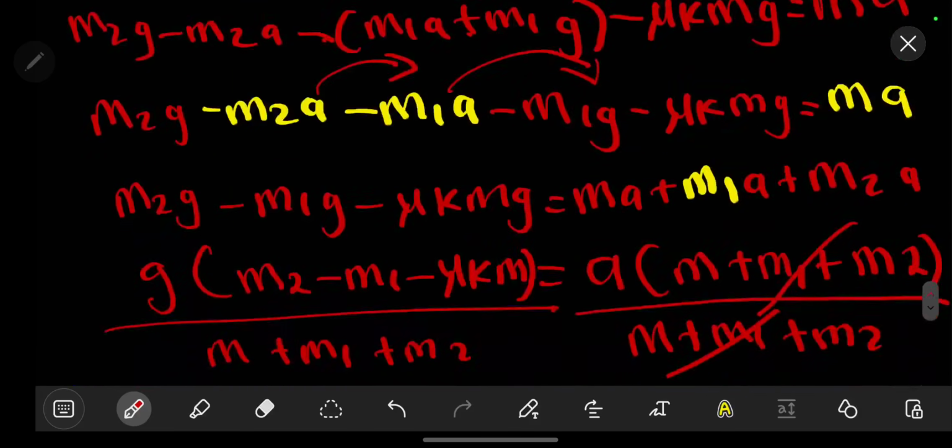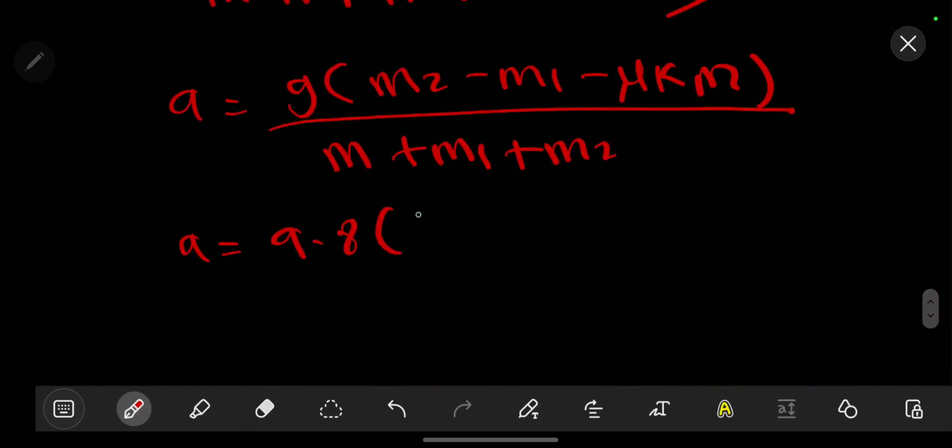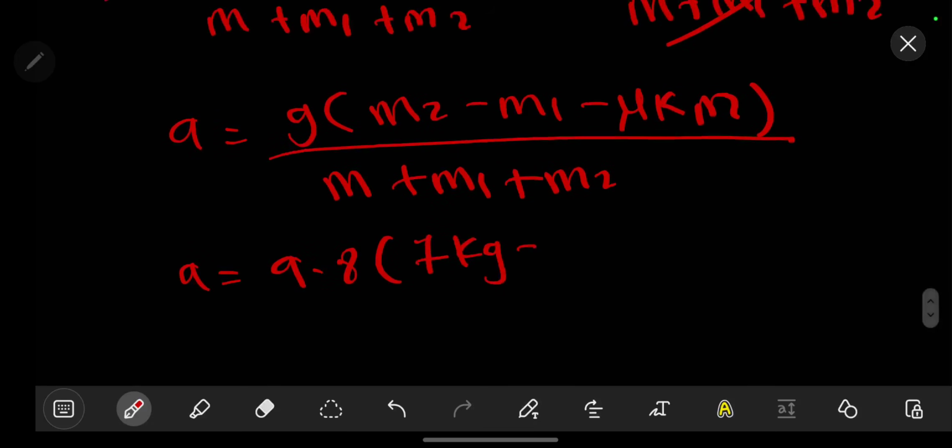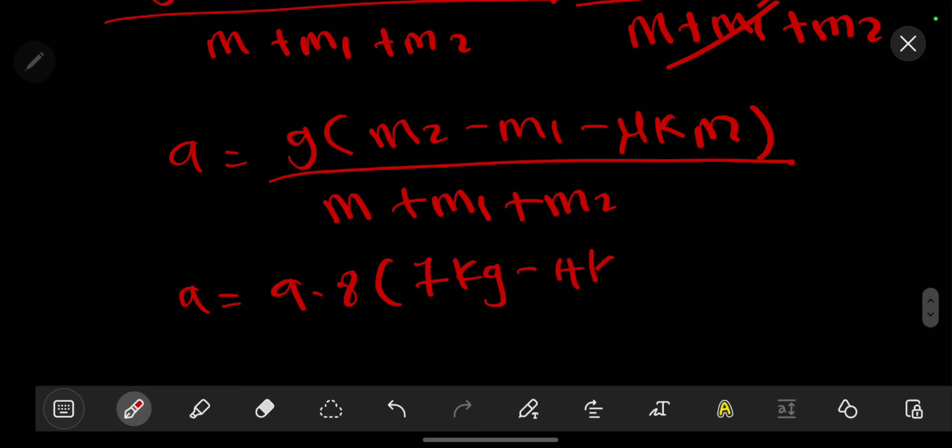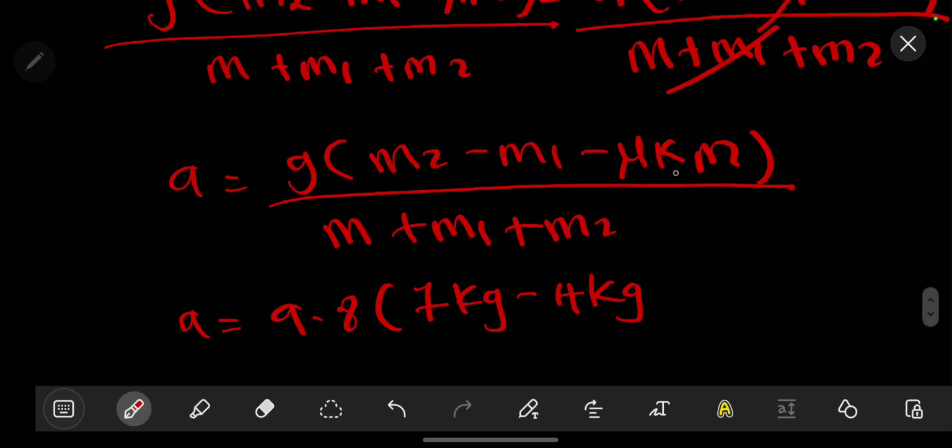So we have 7 kg minus the mass number 1, which is equal to 4 kg. Then we have mu k, the coefficient, given as 0.2, times the mass of the middle part, which is equal to 8 kg.